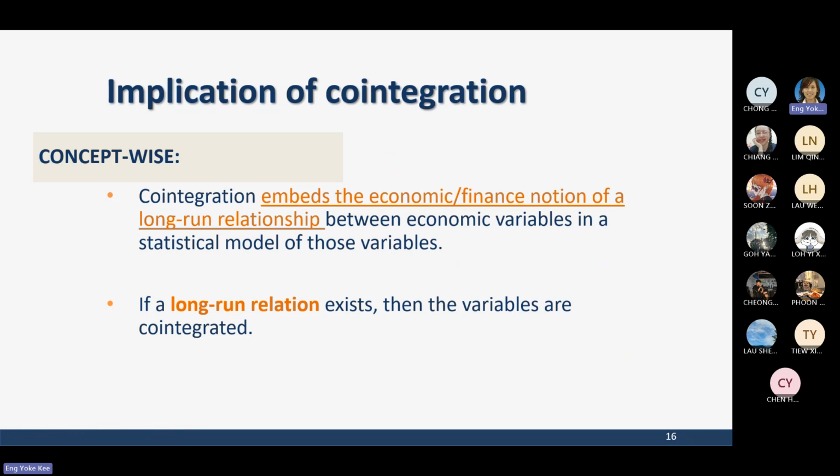So what is the implication of co-integration in regression analysis, right? So if you manage to find co-integration, actually this is good news. Okay, why? Because it has an implication on our regression analysis.